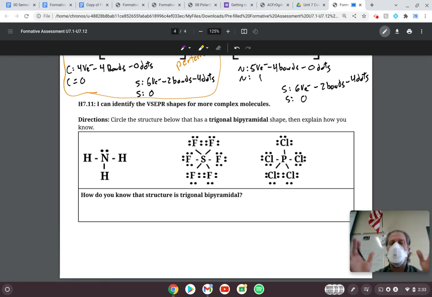Your job was to identify which one of these is trigonal bipyramidal. And in this case here, it's going to be that structure right there.